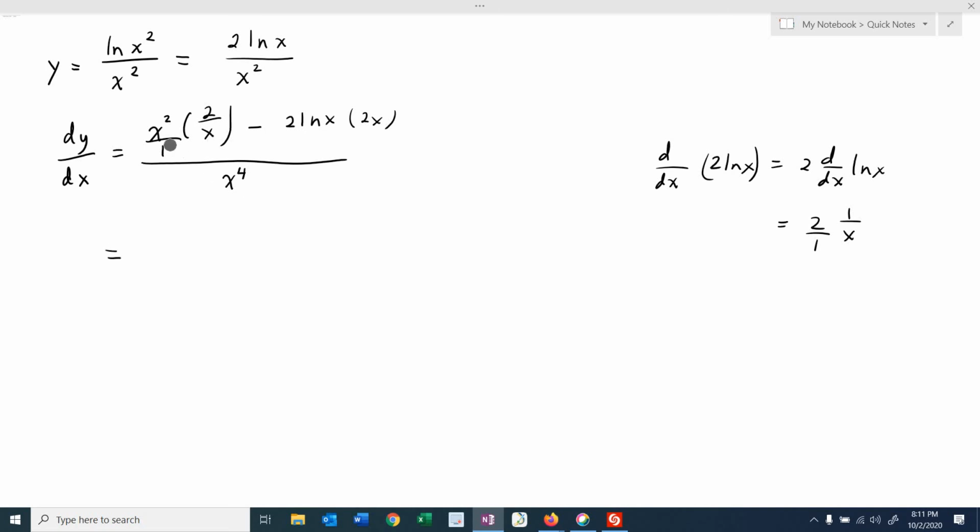Let's just clean this up. The x's here cancel out, and you're left with 2x minus, now the order in which you multiply doesn't matter, so I'm going to take this 2x and multiply it by the 2 first, and that's going to give us a 4x. Then I'll multiply that by the ln of x. And then all of that is divided by x to the 4th power.